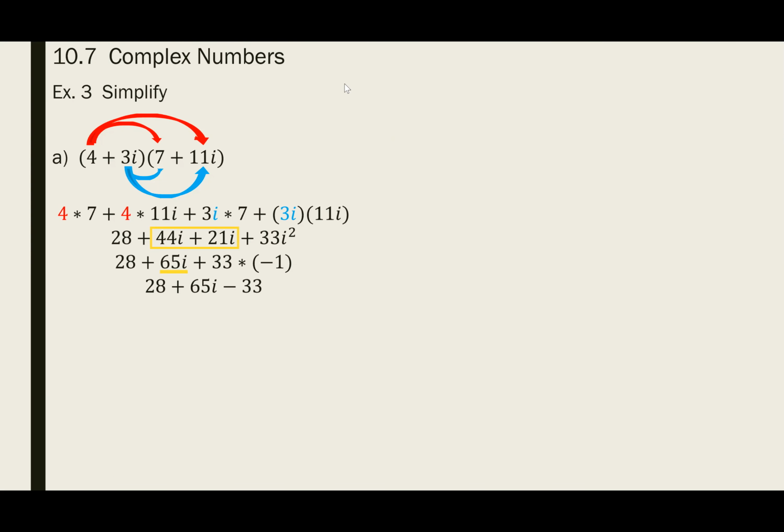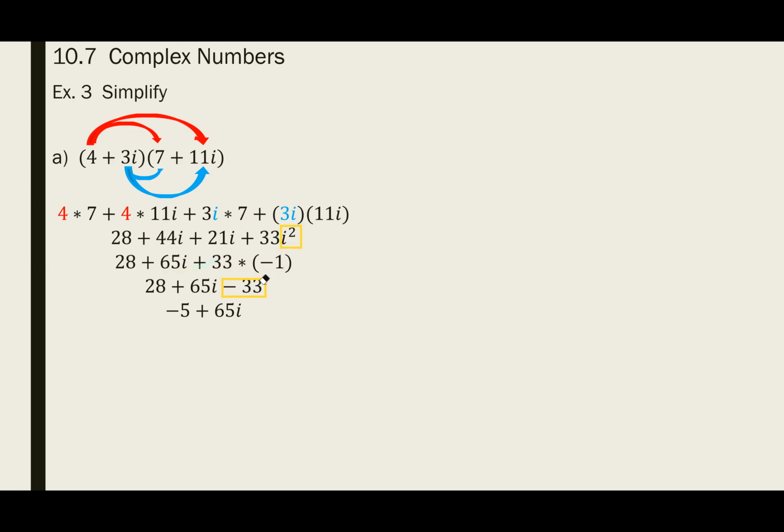And once I substitute -1 times 33, I get a negative 33. And that's where we have our like terms, because the constant is 28 and the constant is -33. 28 take away 33 will give you a -5.